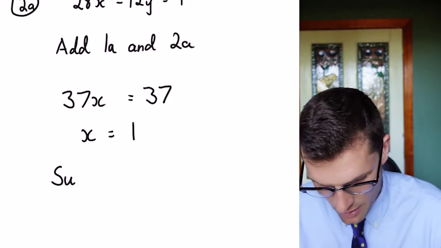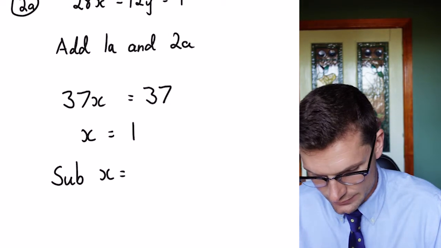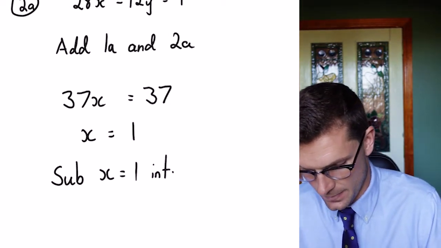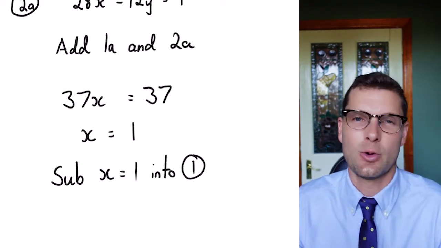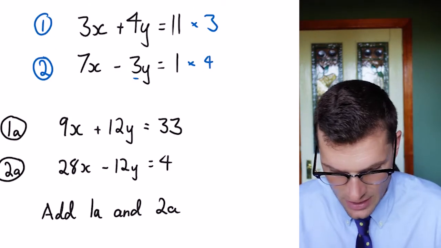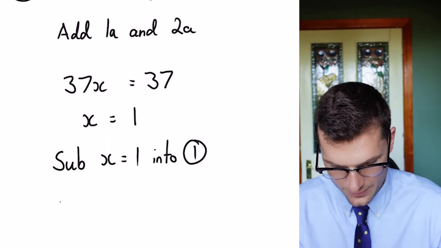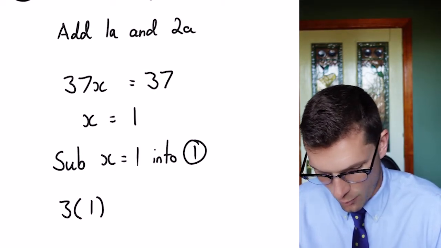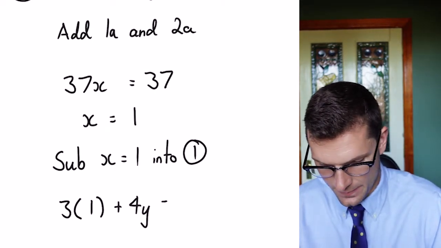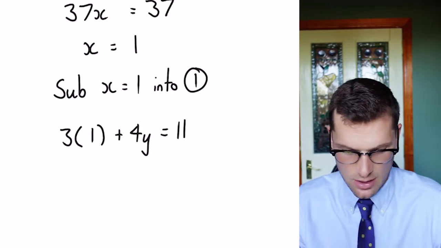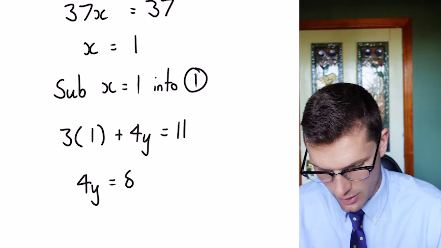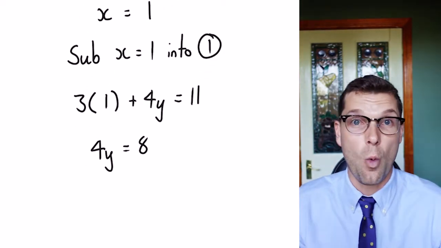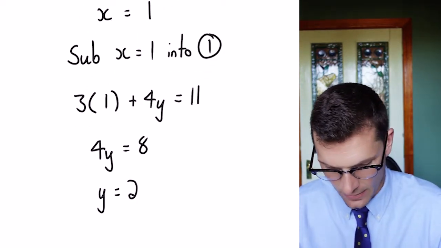So I'm going to sub x is equal to 1 into 1. So using those circles again will help your working be a little bit clearer. So this is 3x plus 4y. So I've got 3 multiplied by 1 plus 4y is equal to 11. I minus that 3 over, so 4y is equal to 8, meaning that y is equal to 2.